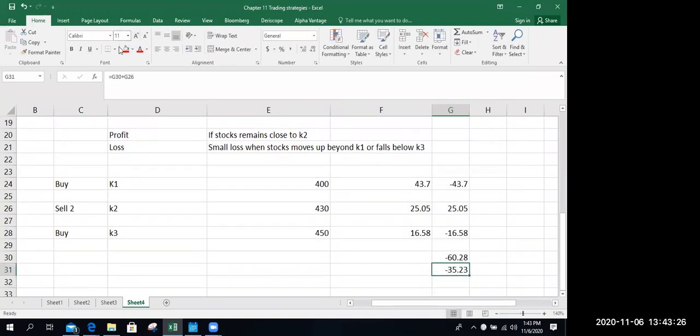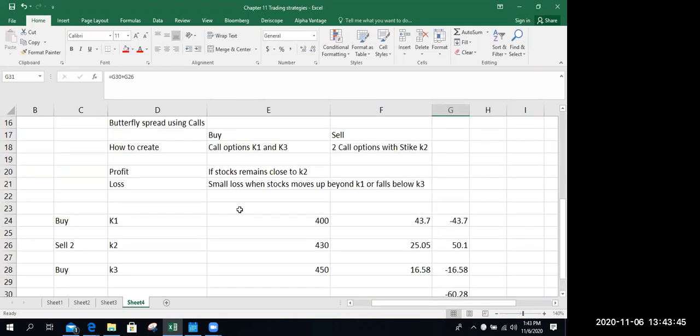So $35 is the cost to set it up, right? Shouldn't that be multiplied by 2? Yeah, so you're right. This should be multiplied by 2. Okay, so $10 is the total cost to set up, right?